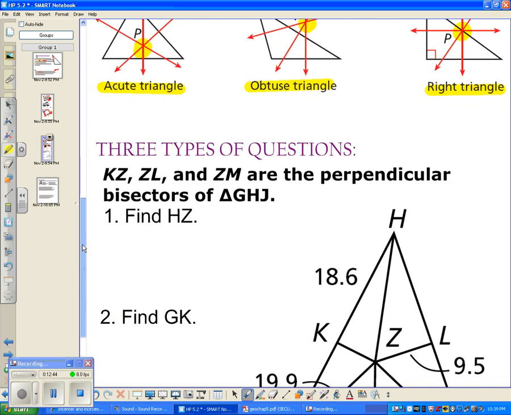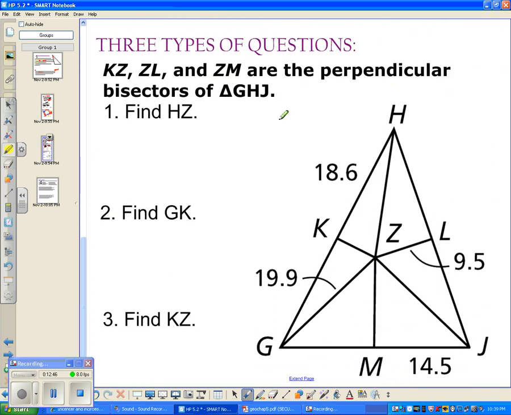All right, the first one, notice there's no perpendicular marks, there's no tick marks, so we have to read the question. It says line segments KZ, ZL, and ZM, and I apologize that I don't have my markings, are the perpendicular bisectors. So whenever you see that word, perpendicular bisectors, you're going to automatically think, sweet, that's the circumcenter.